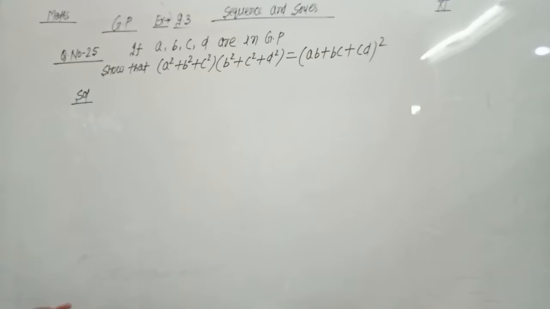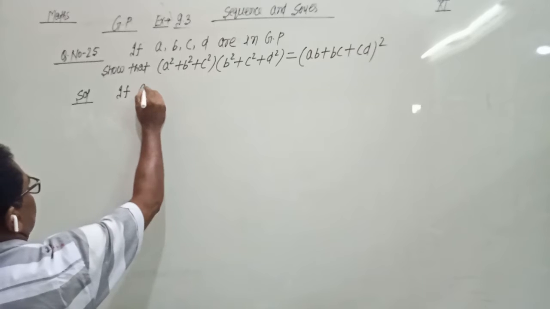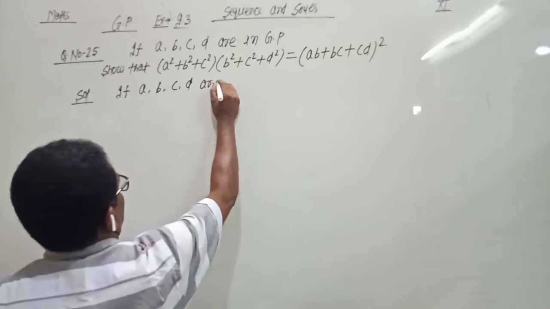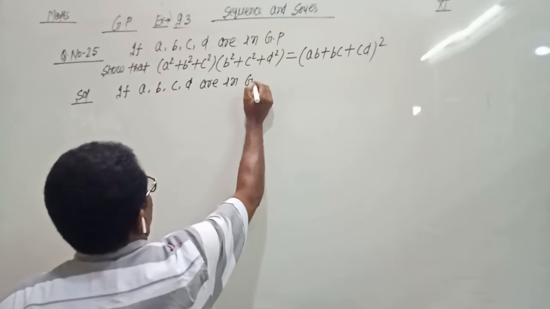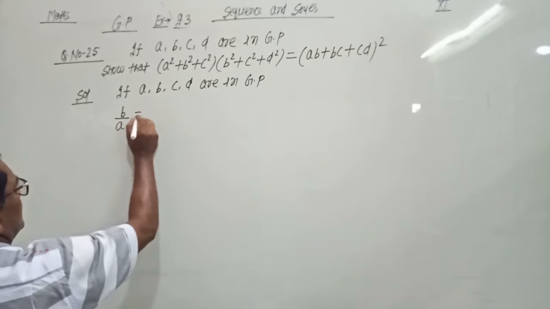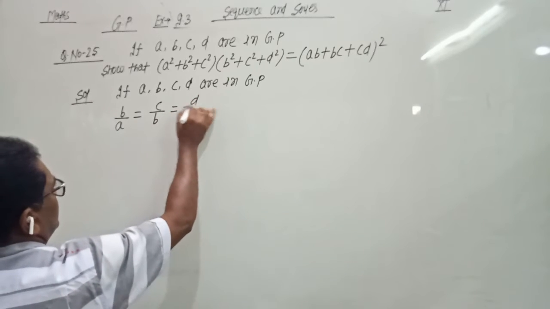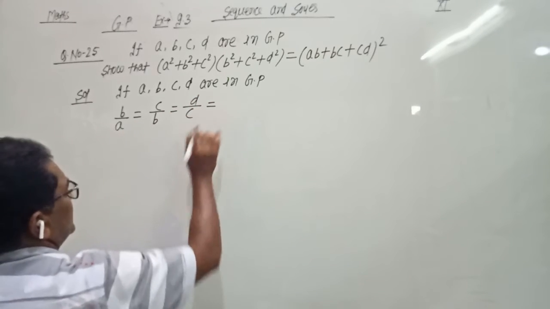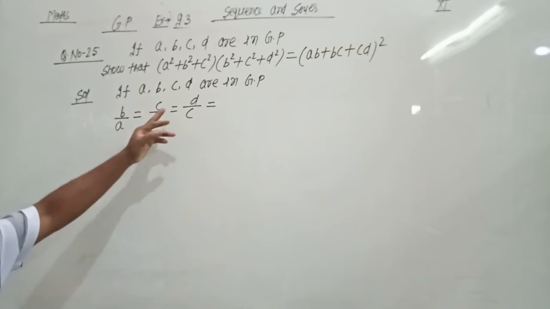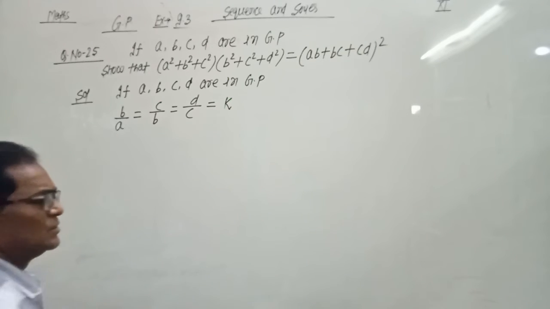If A, B, C, D are in GP, then we can write that B by A equals to C by B equals to D by C, it gives a constant ratio, and we suppose that constant ratio as K.